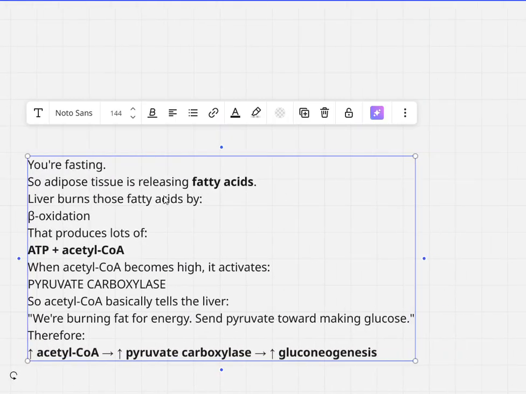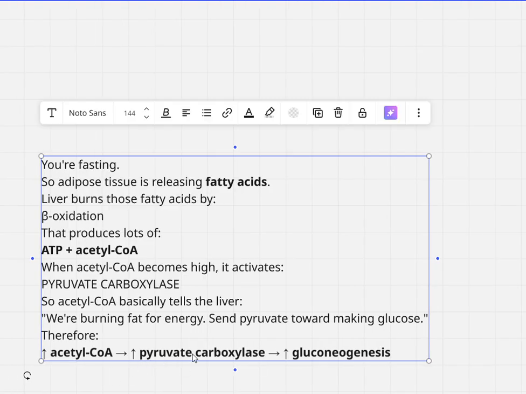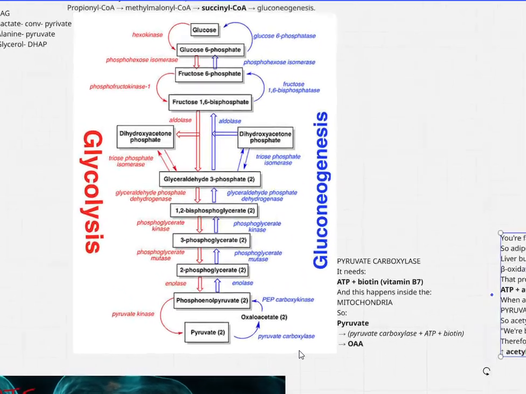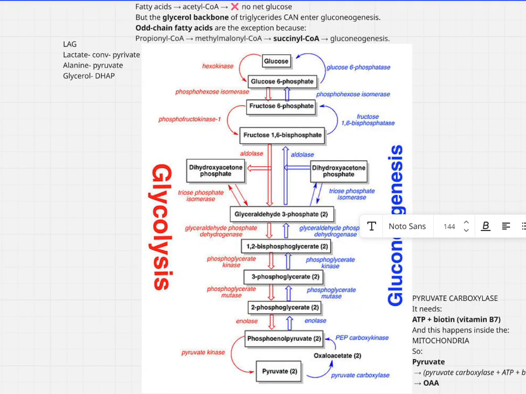Liver burns those fatty acids by beta oxidation, and that produces a lot of ATP and acetyl-CoA. When acetyl-CoA becomes high, it activates pyruvate carboxylase. So acetyl-CoA basically tells the liver, we're burning fat for energy, send pyruvate towards making glucose. Therefore, acetyl-CoA increases the pyruvate carboxylase, and that increases the gluconeogenesis. Right? Okay, moving on. We move on to the next step.